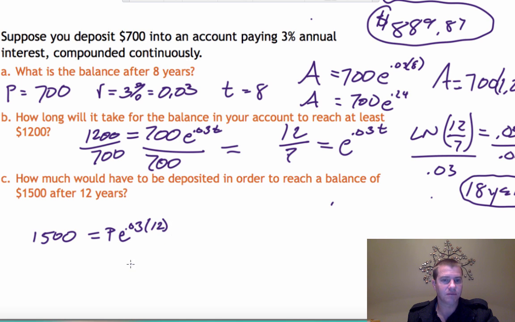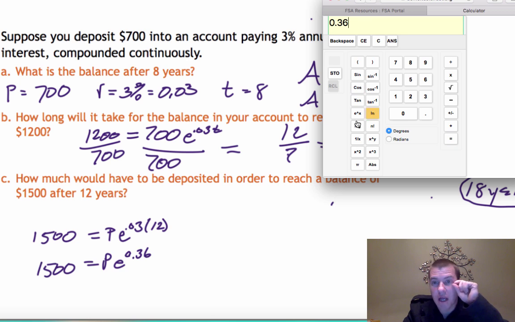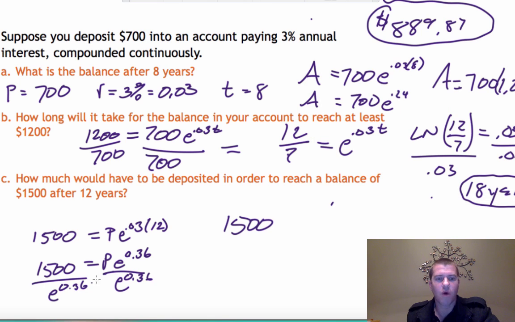So in this case, I'm looking for the P. So I have 0.03 times 12, which is 0.36. And what I can do is e raised to the 0.36. I'm going to want to divide by that.